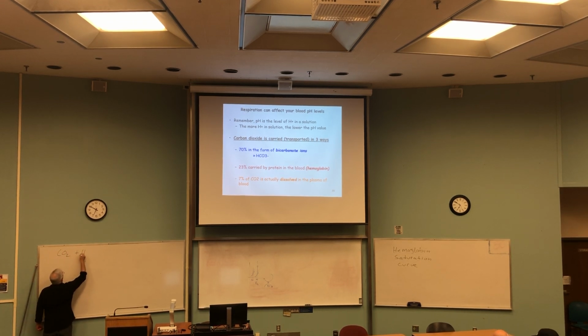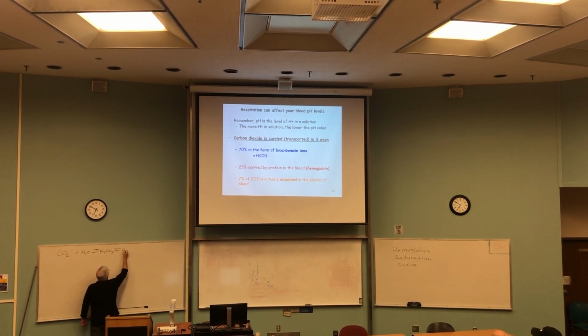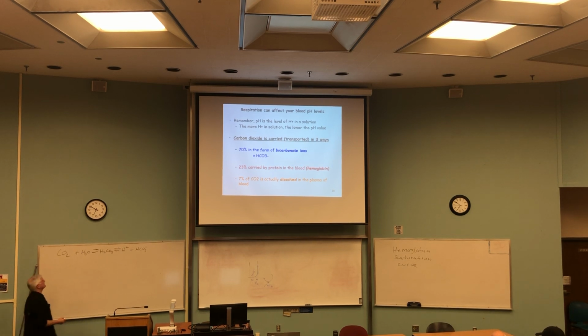CO2 plus H2O gives you carbonic acid, and that can dissociate into a hydrogen ion plus a bicarbonate. You'll use it over and over again. It's spontaneous. Enzymes make it go faster, but it'll happen by itself.